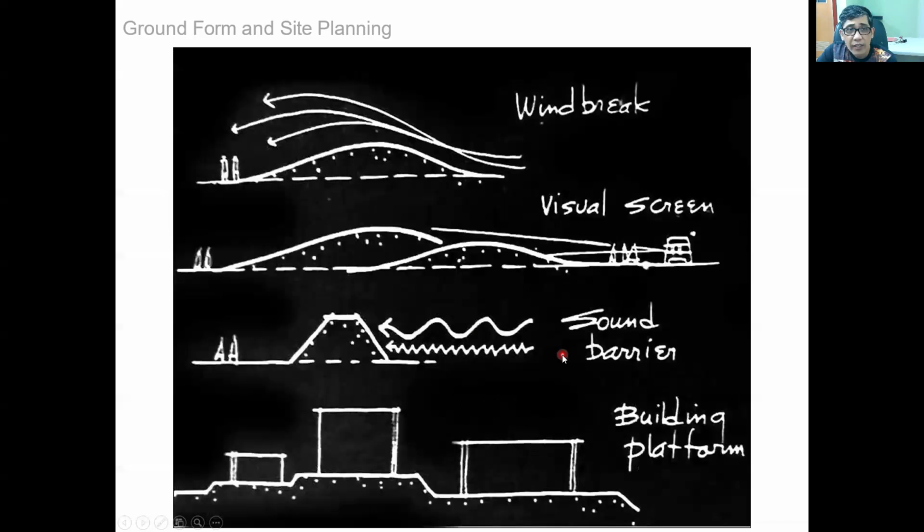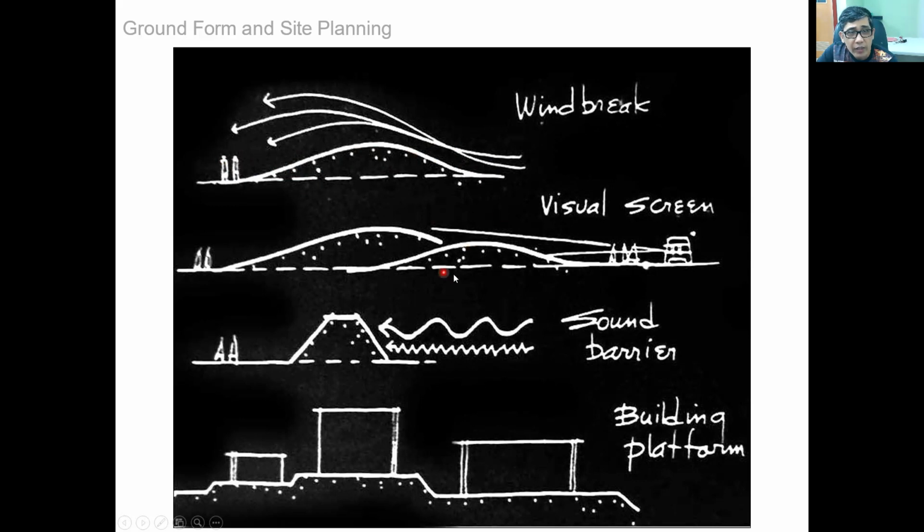Okay. Another type of landscape ground form application is to create windbreaks. So if you have a hill, it will create a windbreak to the other side of the hill, so that there will be no direct wind force to the persons or structures on the other side of the hill.